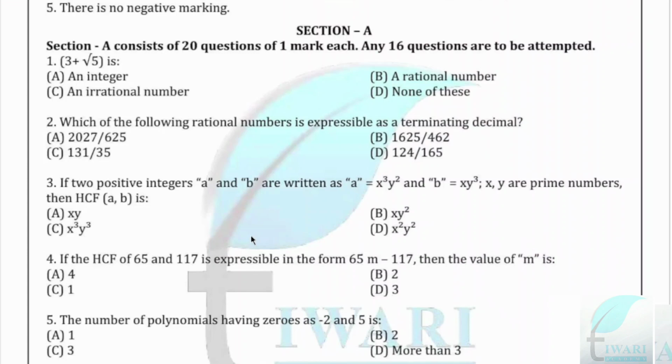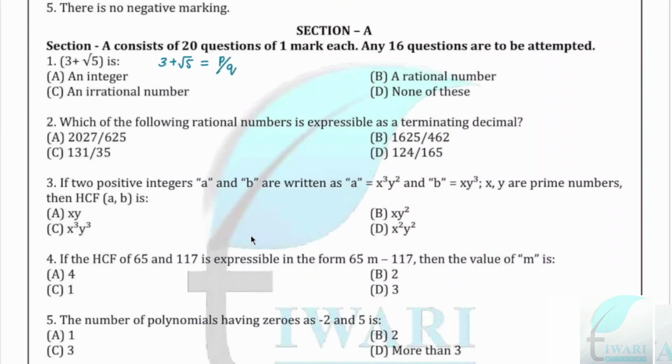3 plus root 5 is an irrational number, but how will we prove that? Let us assume that 3 plus root 5 is a rational number. So it can be written in the form p by q.